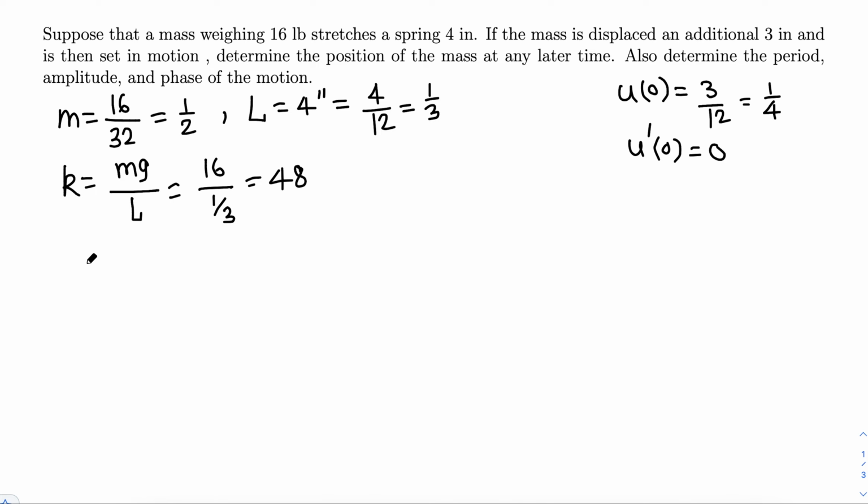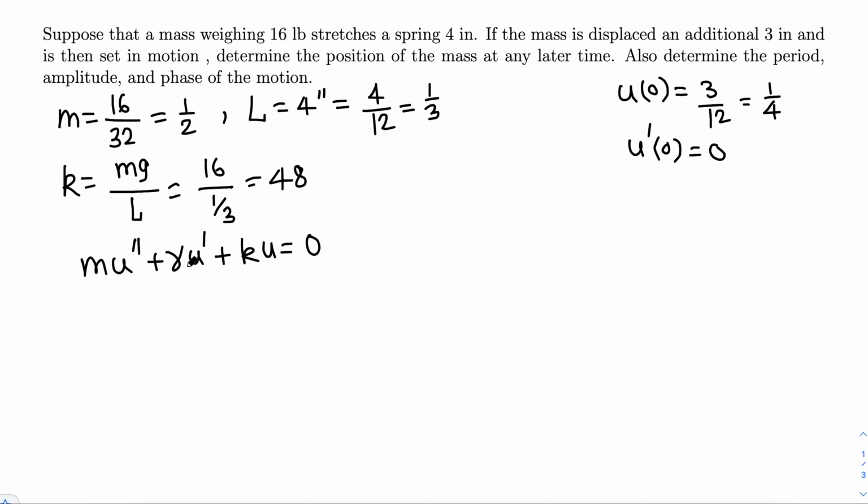And we know that the model given for these problems, the displacement of spring, is m u double prime plus gamma u prime plus k u equals external force, 0, and this gamma is also 0. We don't have that.